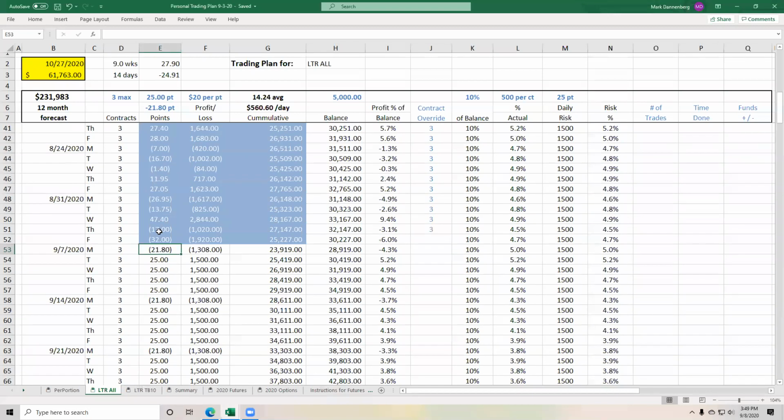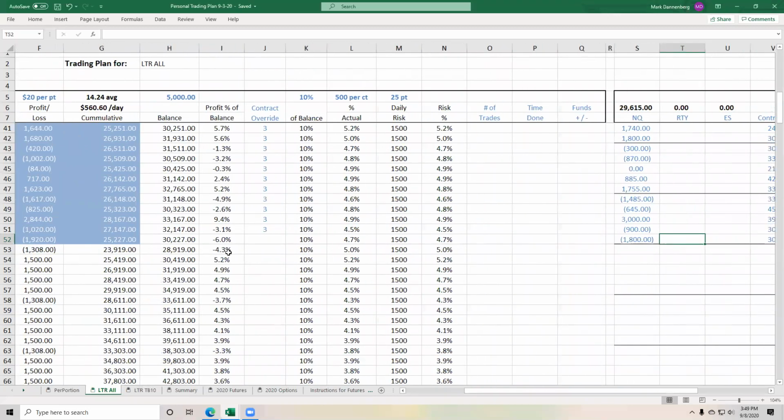All right. So on Friday we were down $400. Oops, that's the wrong category. So yeah, Friday we were down $400. So it's $20 a point times 20 points, down $400, and we're trading 3 contracts.